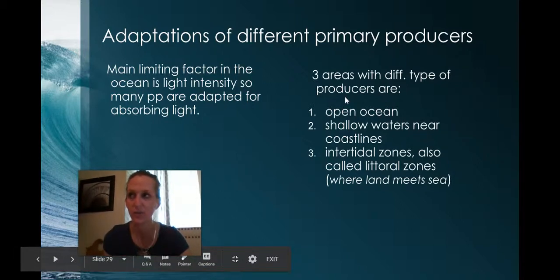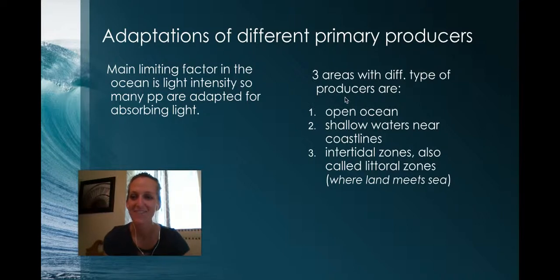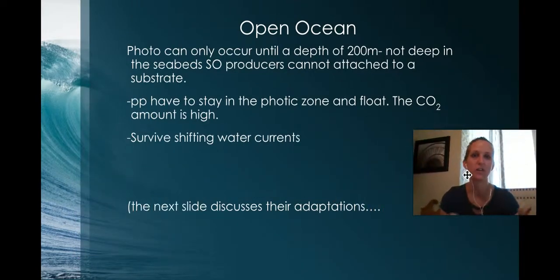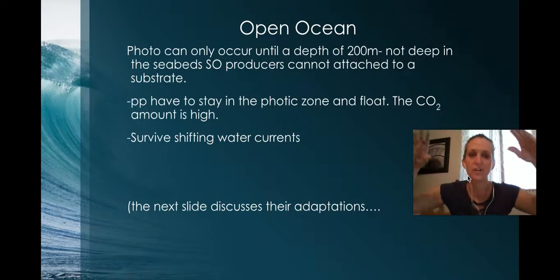Those organisms cannot be root organisms because 6,000 meters down is way too far. Okay, in the open ocean, photosynthesis can only occur to a depth of about 200 meters. Producers can't attach to the substrate, so they are planktonic. They are just going to freely float in your surface waters.